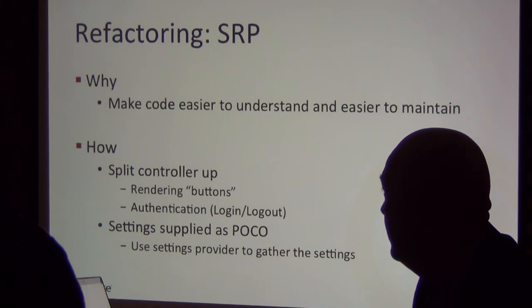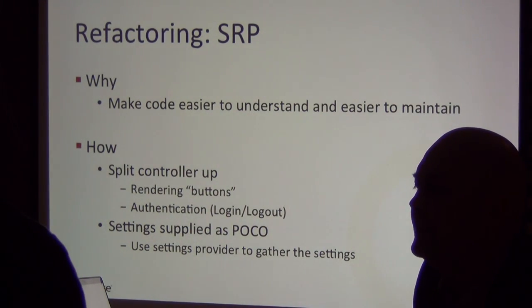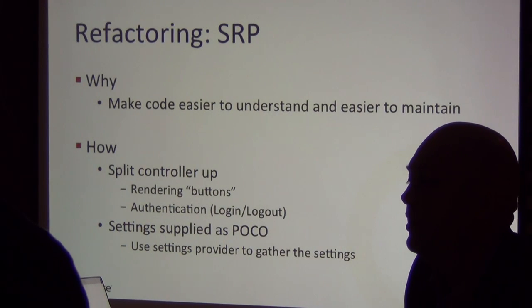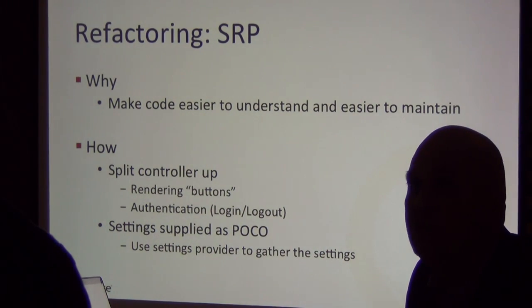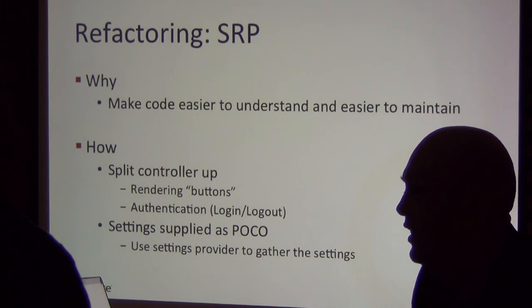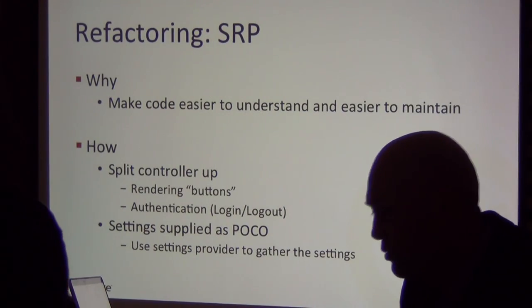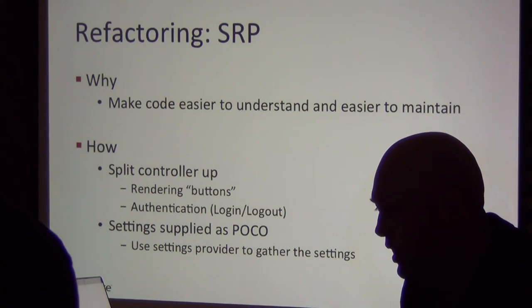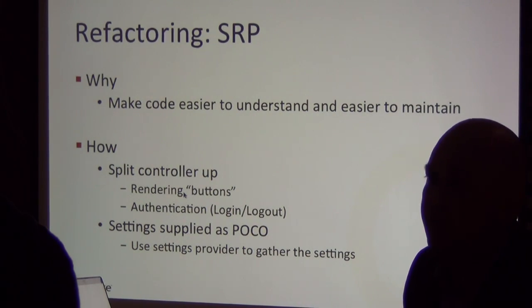Otherwise, you'll be abstracting rather than producing the code. Second point, on the refactoring, was the single responsibility principle. Yes, I did just pour everything into one big pile, and it wasn't optimal. So I singled out two responsibilities. One was rendering buttons.